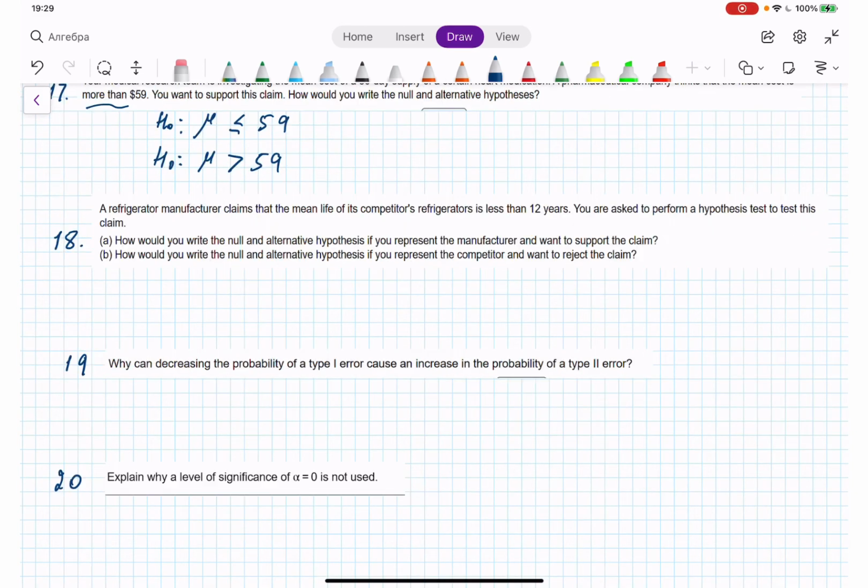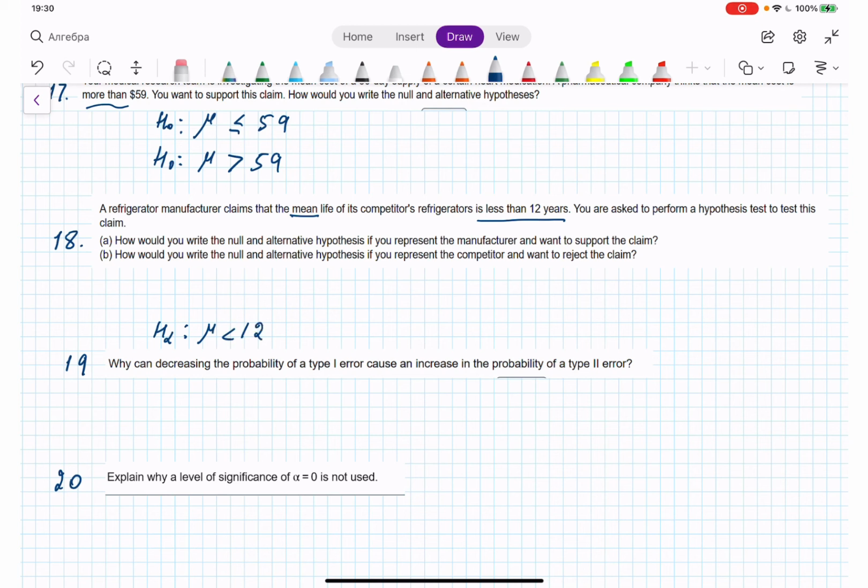Number 18. A refrigerator manufacturer claims that the mean life of its competitors' refrigerators is less than 12 years. Less than already feels like an alternative, right? Because it's the mean, I put mu is less than 12. You are asked to perform a hypothesis test.